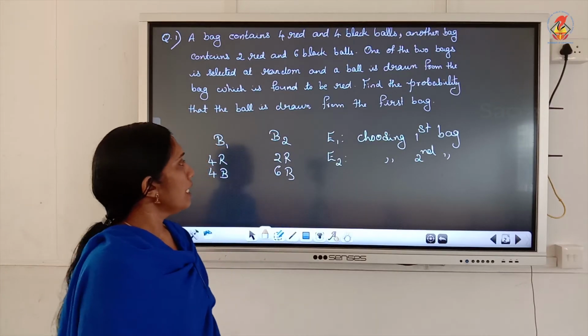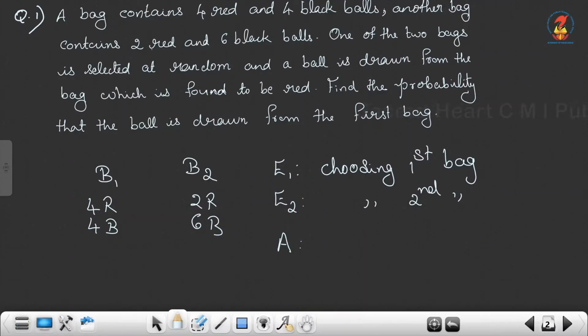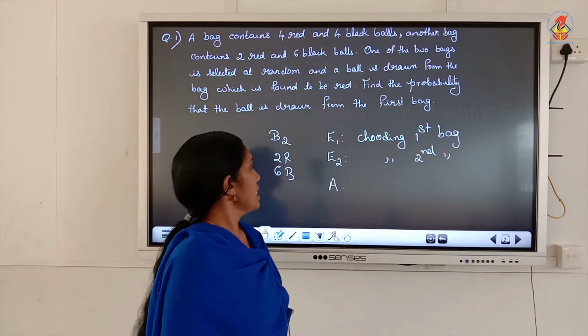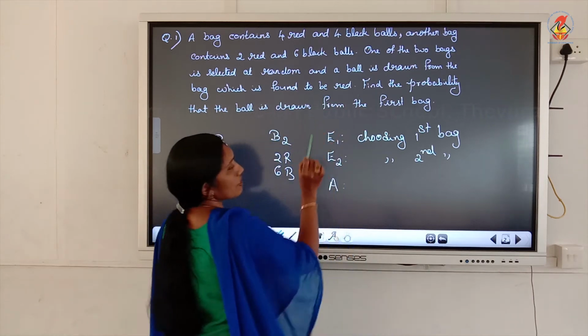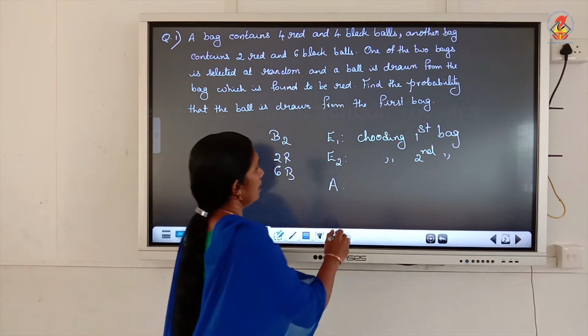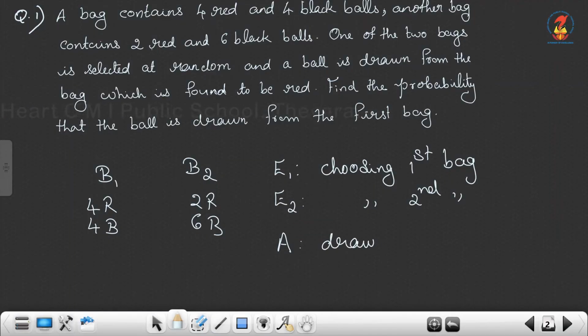Okay. Then one more event, that is A. In that Bayes theorem result we have E's and A. So A means the ball drawn, which color? Red color. So drawing a red color ball.